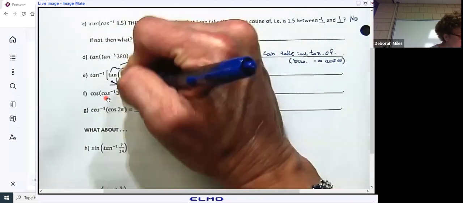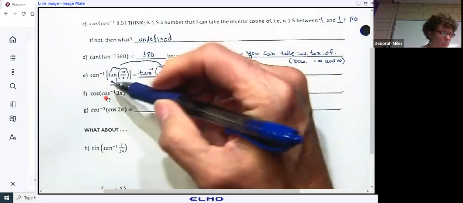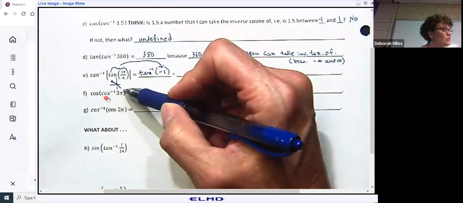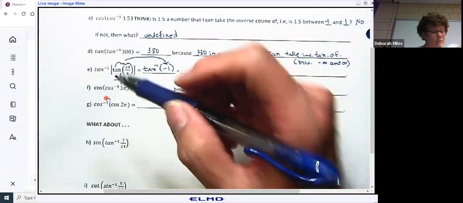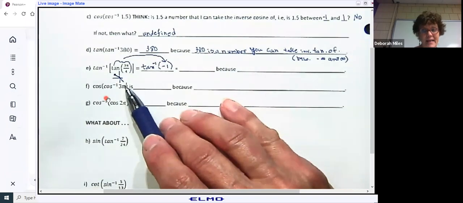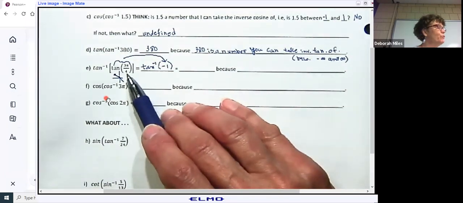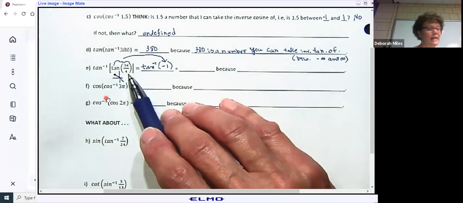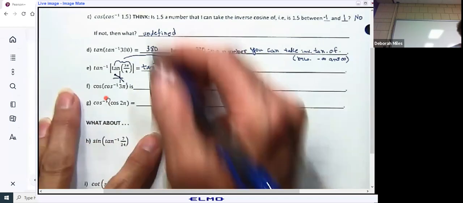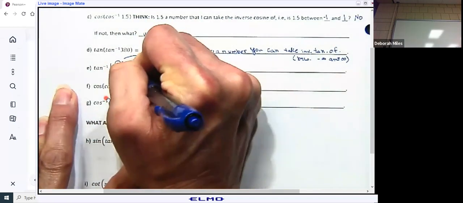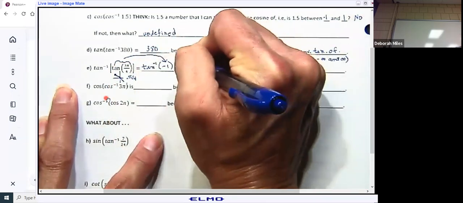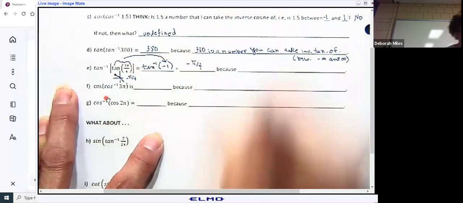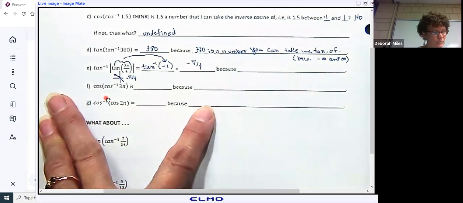We're used to thinking of it as 7/4 pi, but 7/4 pi can't be the answer for the same reason 3/4 pi can't be the answer. It's not in the range of inverse tangent. But Emma said, well, that's the same as -pi over 4. And that is an answer that inverse tangent can give me.